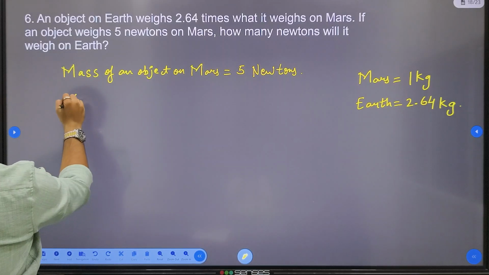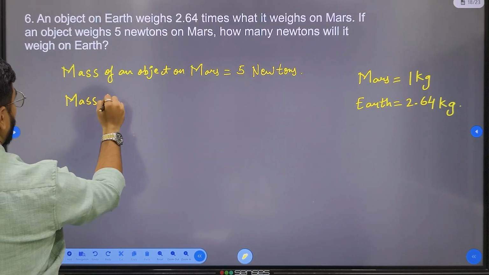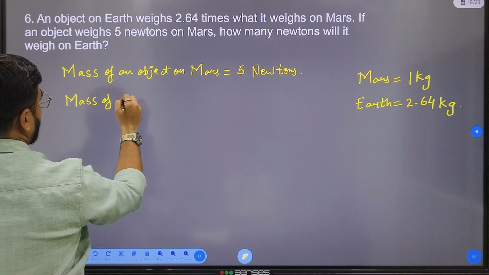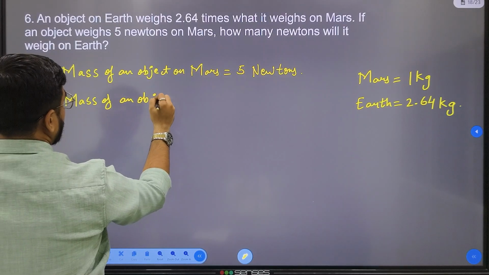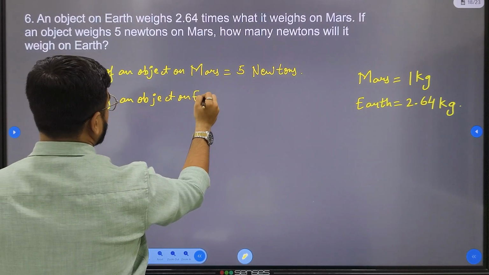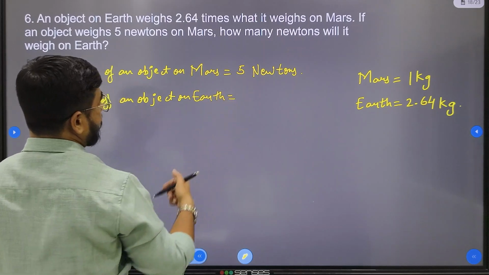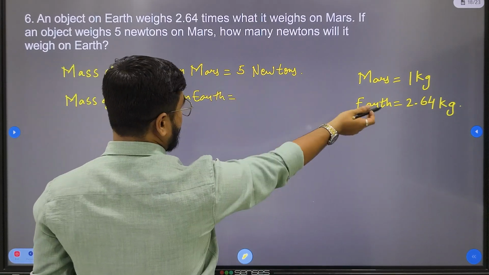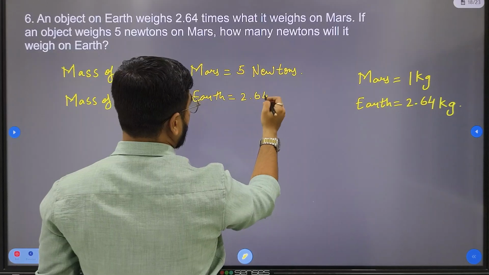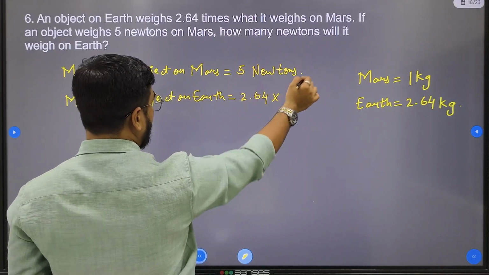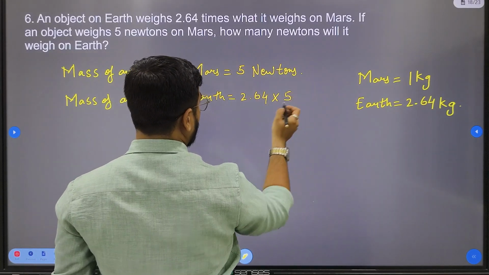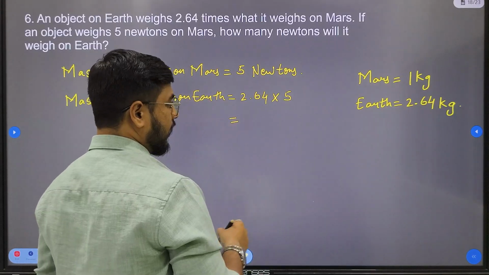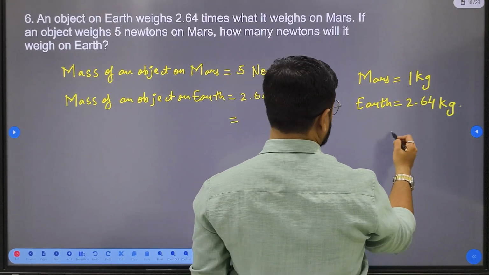So weight of an object on Earth is equal to, we know, 2.64 times multiplied with the weight of the object on Mars. Let's do the multiplication.